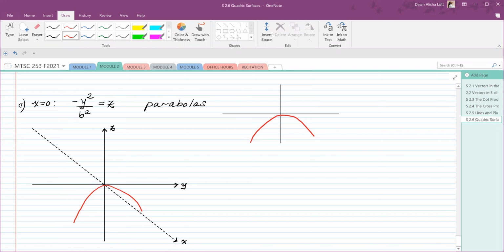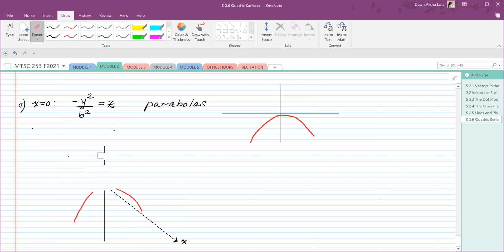And when y equals 0, I get something that looks like, okay, I can't draw this because this axis doesn't work for me.